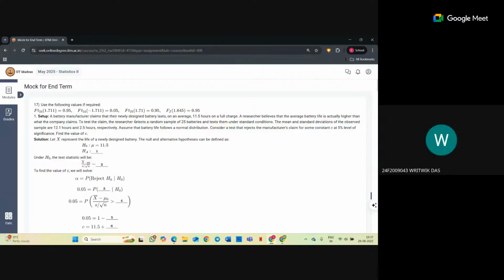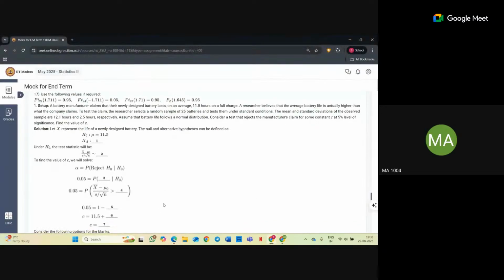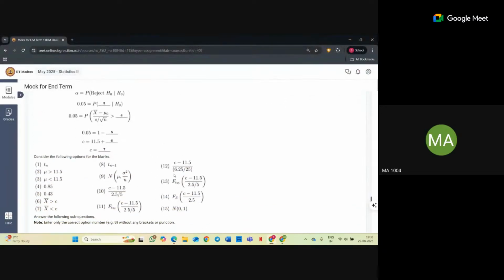1.711, right? 1.711. FT24. So it will be 1.711. Now C would be what? 1.711 into 0.5 plus 11.5. So 11.5 plus what will be my sixth value? It will be 0.85.